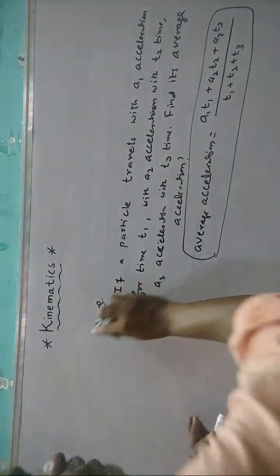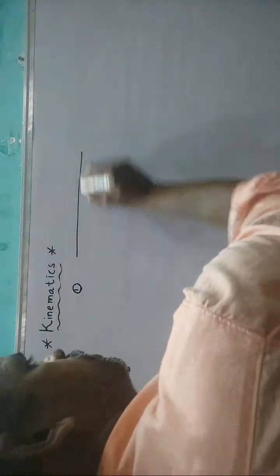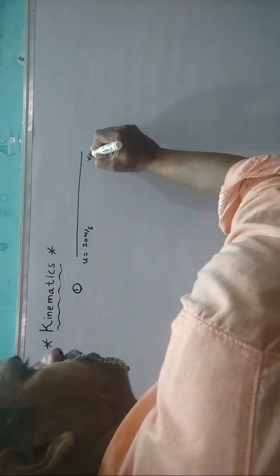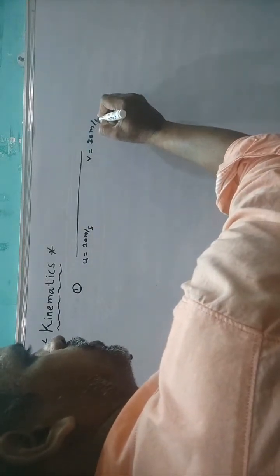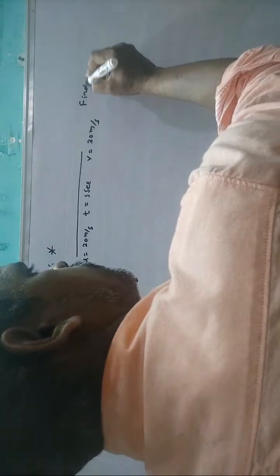Right, I will give problems to you. First: u equal to 20 meter per second, v equal to 30 meter per second, t equal to 5 seconds. Find a.